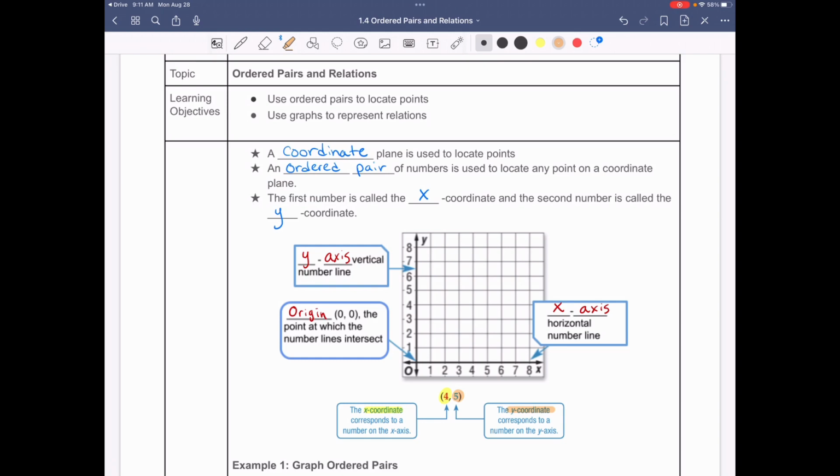They'll put a point here, and they'll put a point here, and they'll think that that's the answer. But that is actually incorrect because you have to put where those would intersect. So where the 4 and the 5 intersect, that is the point 4, 5.